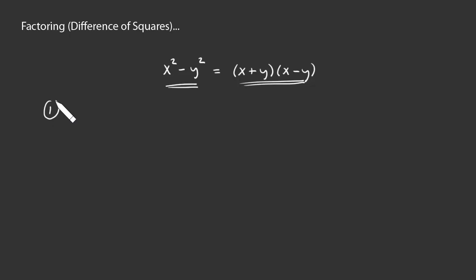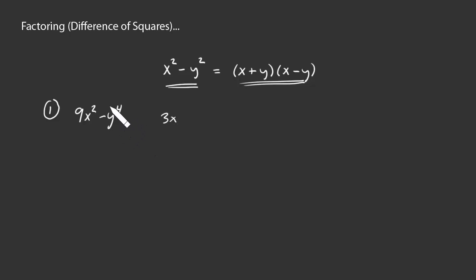Number one, 9x squared minus y to the fourth. Okay, so first off, to even tell that you can do this, look, you've got a binomial. It's two things. They're subtracted, so it's a difference. The question now is it a difference of squares? Is there something nice that you can square to get this term? Well, sure, 3x would work, right?